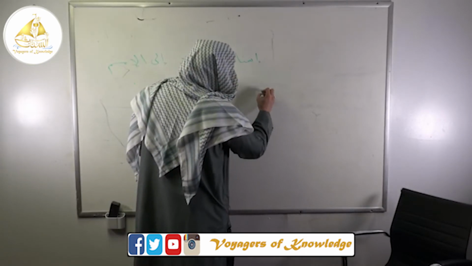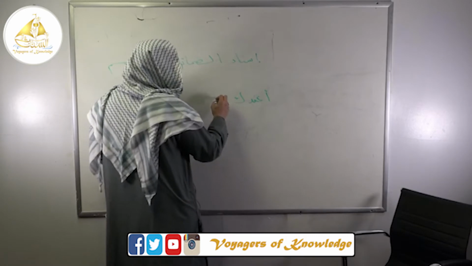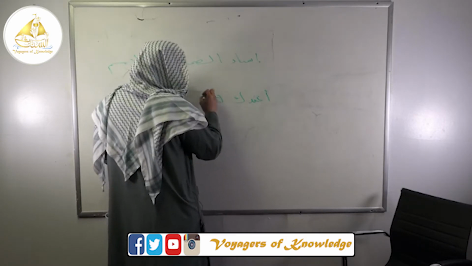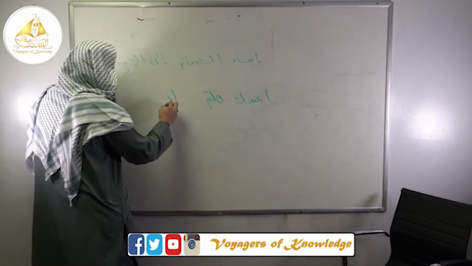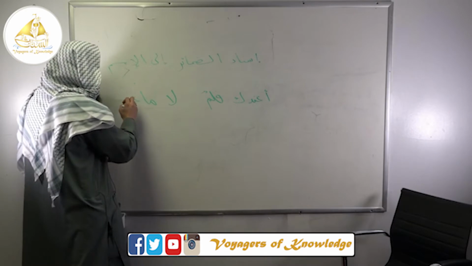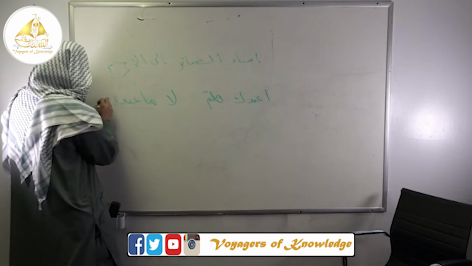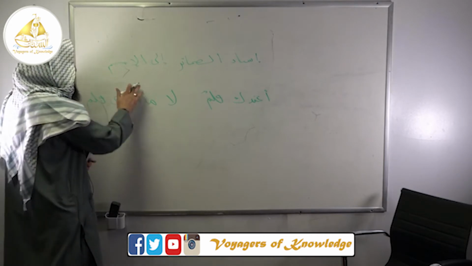So he says عندك. What's the word he used? بيت or قلم or what? قلم. Do you have a قلم? Correct? He said لا. ما عندي قلم.